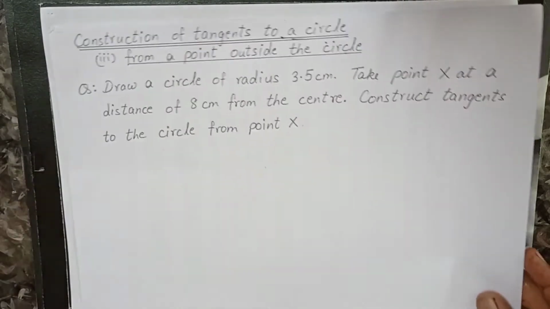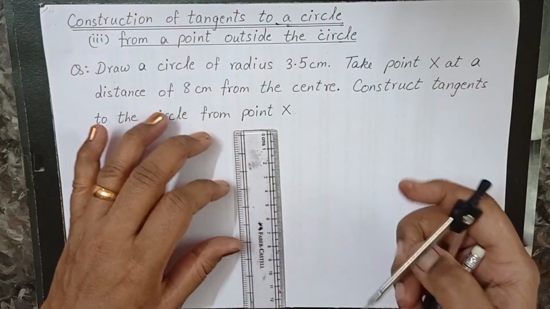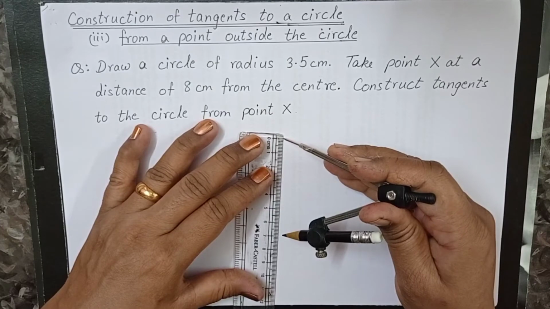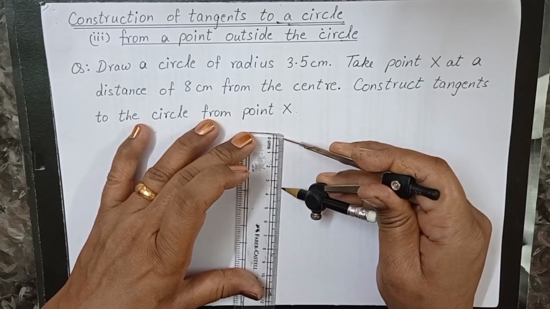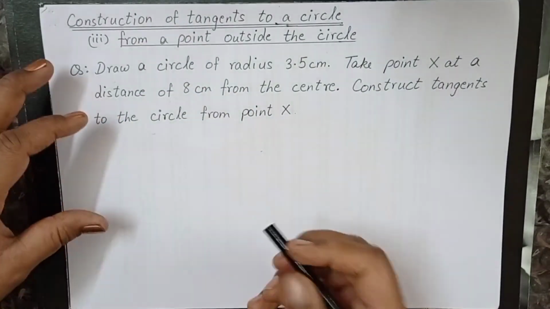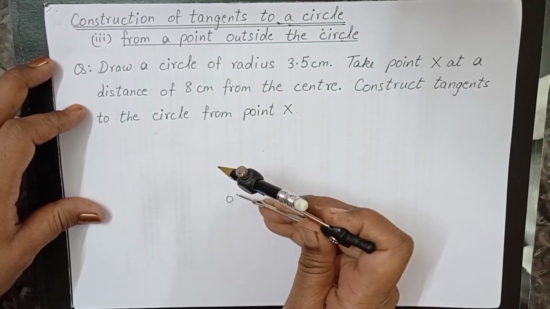Let us see the third method of construction of tangent to a circle from a point outside the circle. So the question is, draw a circle of radius 3.5 centimeter. Take point X at a distance of 8 centimeter from the center. Construct tangents to the circle from point X. So first and foremost, let us take radius 3.5 centimeter. Now taking anywhere a point O, draw the circle.